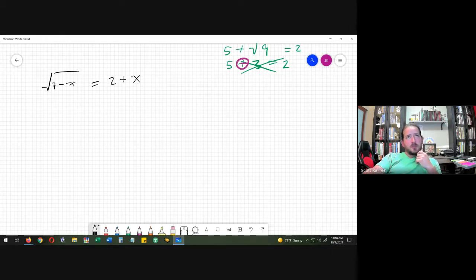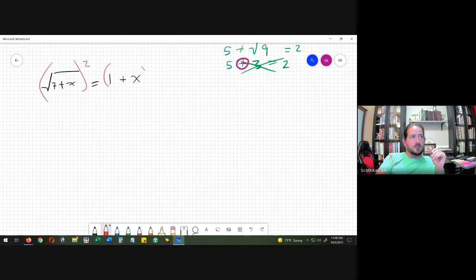Actually, I'm not going to make one up because that might not work out very well. I'm going to do the square root of 7 plus x equals x plus 1. We don't want to deal with something ugly right off the bat. This is already isolated, so I don't have to worry about that.